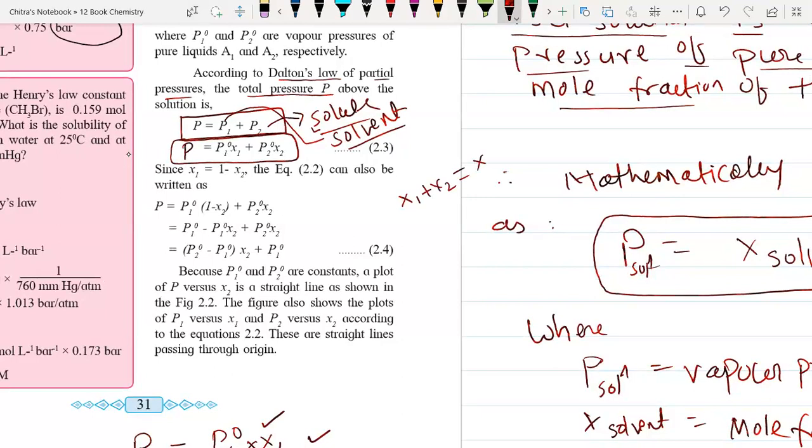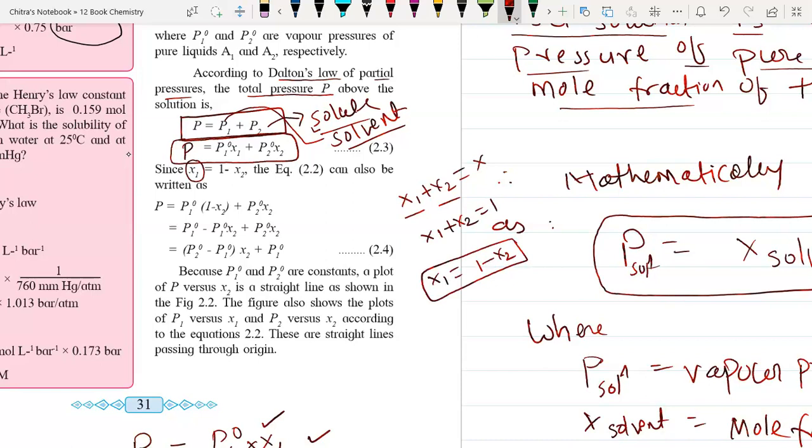Mole fraction of solution equals mole fraction of solvent plus mole fraction of solute, which equals 1. Therefore, x1 plus x2 equals 1. Now we have to replace x1, so can we write x1 equals 1 minus x2?